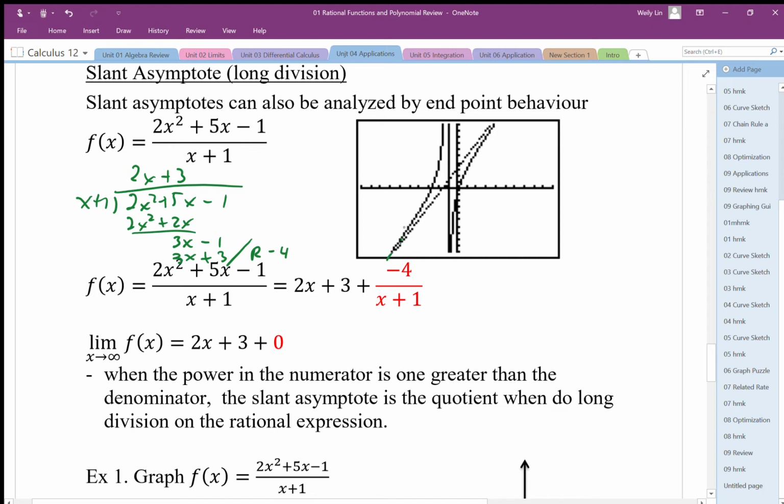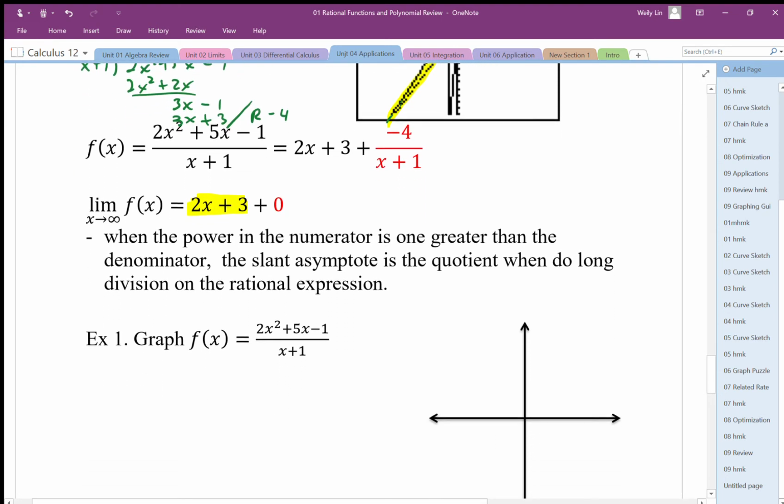So this line here, this slant asymptote, is going to be 2x plus 3. The graph is going to tend towards that at the end. It's not doing that near the local behavior here, but as x gets really, really large, it's going to start following that slant line. And that's how we can find slant asymptotes.